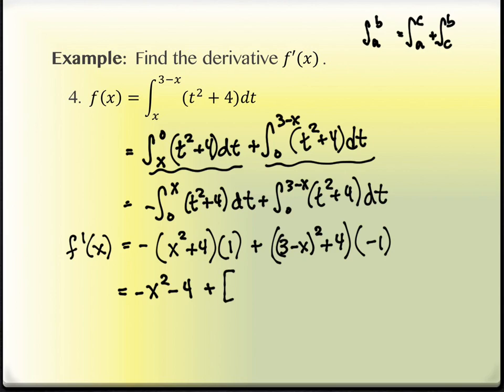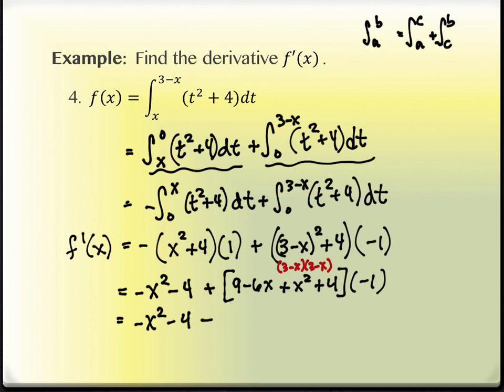So I have 3 times 3 is 9. And then, remember, you have to multiply this out, inner, outer, all that kind of stuff, foiling. So I'm going to have 9, and then minus 6x plus x squared and plus 4. And then we'll combine those terms that are alike and distribute the negatives. So I have a 9 and a 4 would be 13, and I have a negative 13.